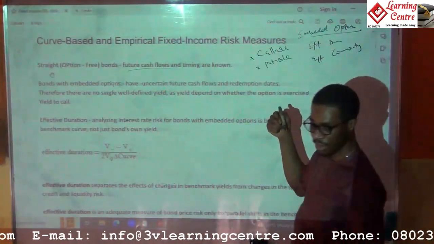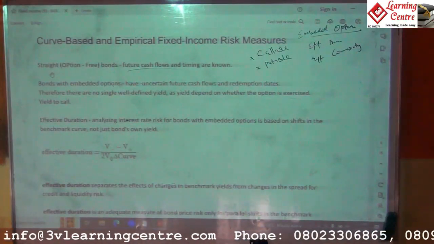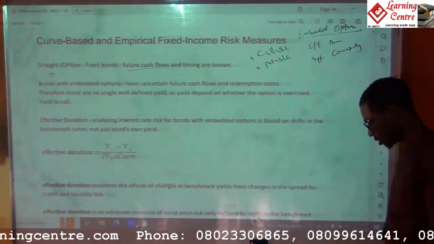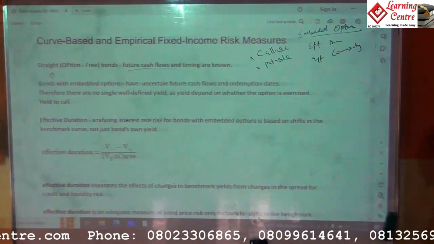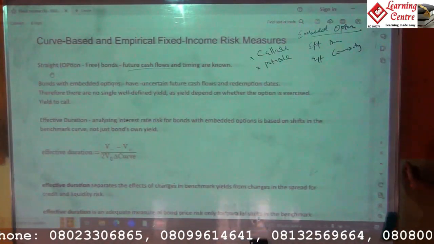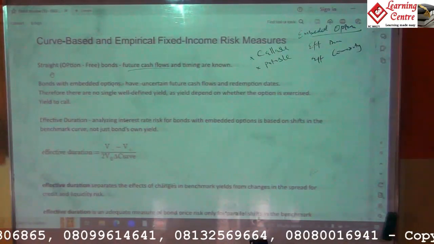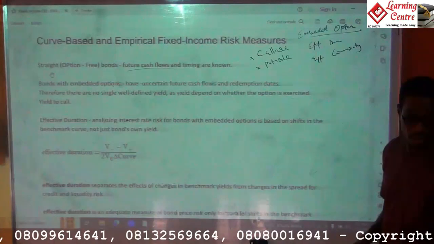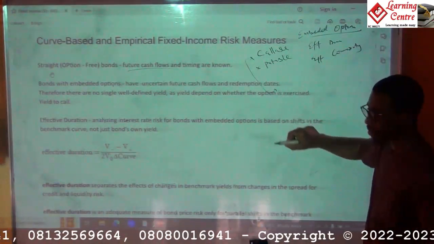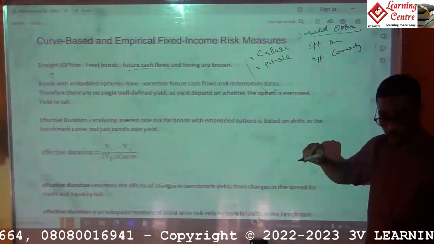Who can tell us what these two mean? What are the callable bond and the putable bond? Online, anybody who can tell us? Are you back? Those that you can call. Who can call this one? The issuer.